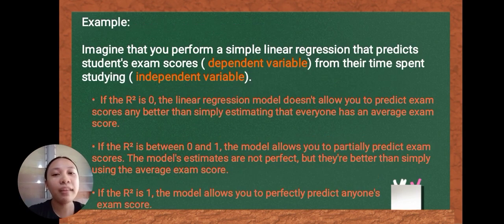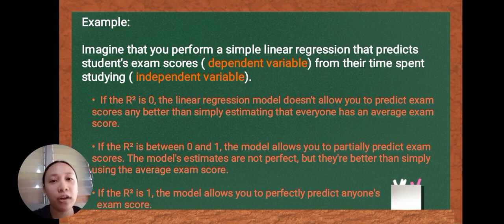Example. Imagine that you perform a simple linear regression that predicts students' exam scores (dependent variable) from their time spent studying (independent variable). If the R-squared is 0, the linear regression model doesn't allow you to predict exam scores any better than simply estimating that everyone has an average exam score.